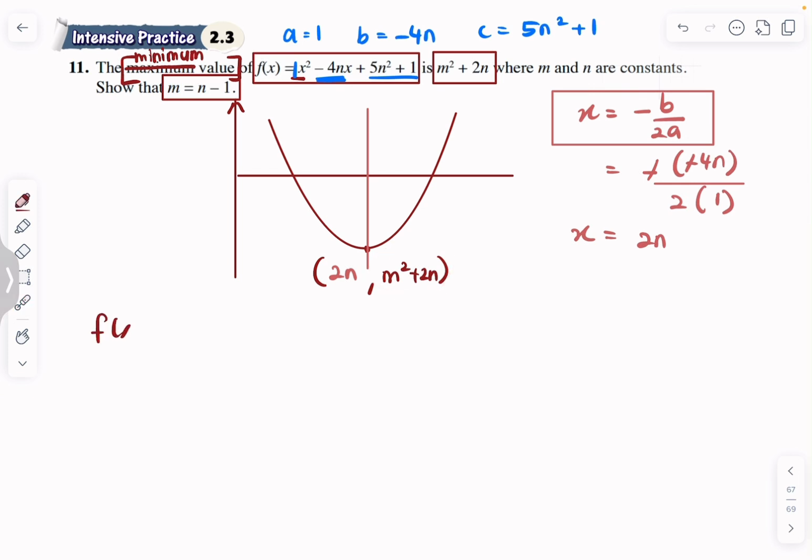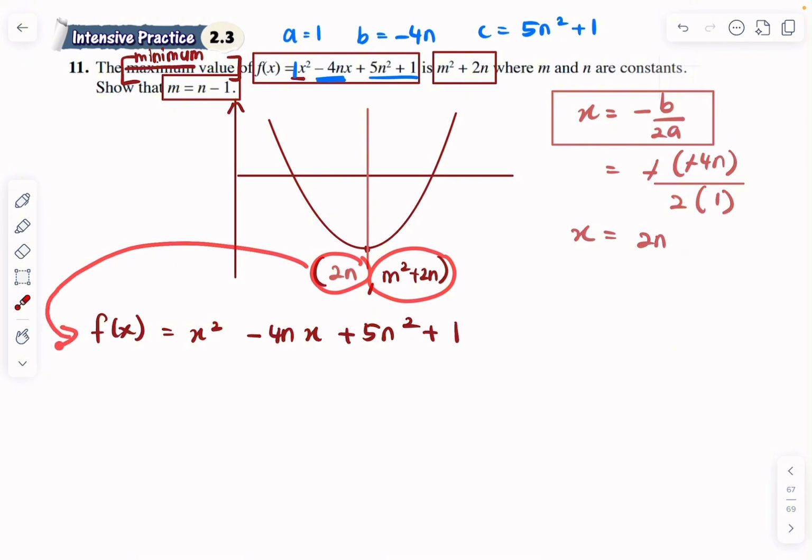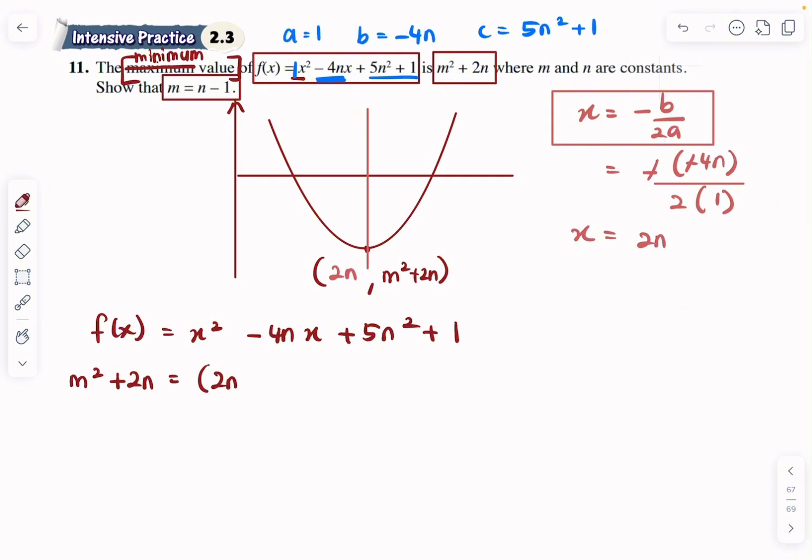So f of x is x squared minus 4nx plus 5n squared plus 1. Now we substitute the x and y values into our equation. So y is m squared plus 2n, and x will be 2n.